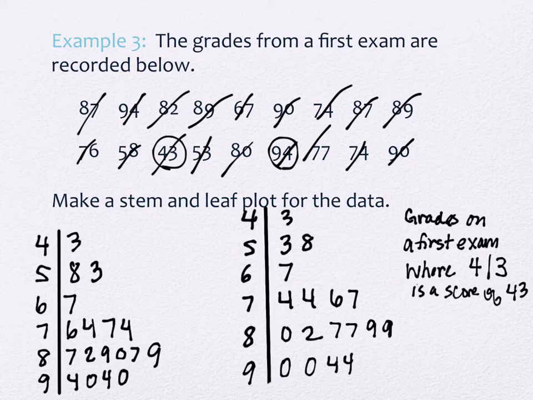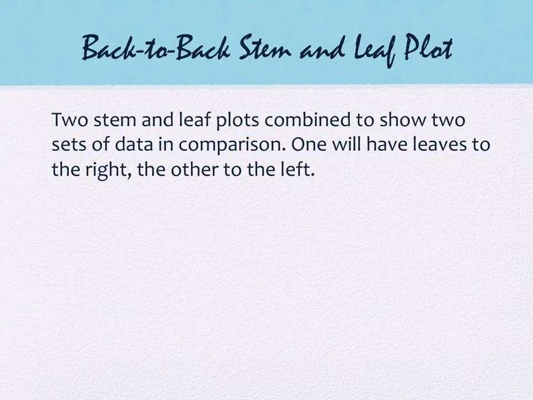So we're going to do the second one, actually. And what we do when we're looking to do this is they're called back-to-back stem and leaf plots. So there are two stem and leaf plots that are combined into one to show this data in comparison. Instead of just having the leaves to the right like we did before, we will have both leaves to the right and leaves to the left. And the stems will be sandwiched in between.